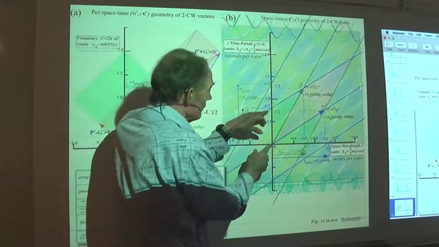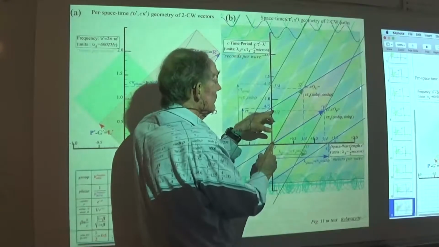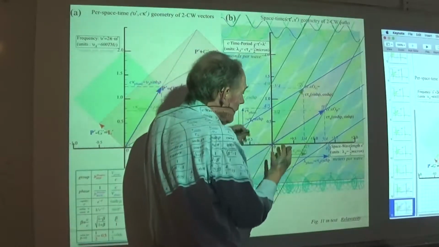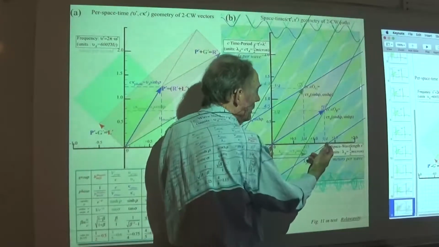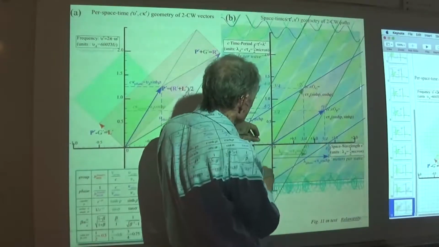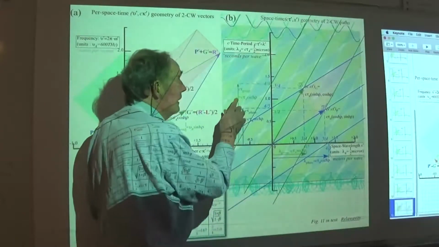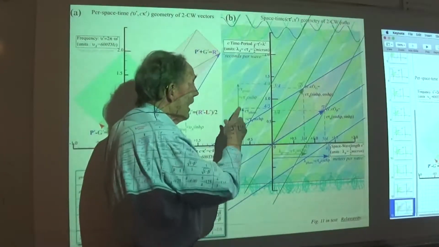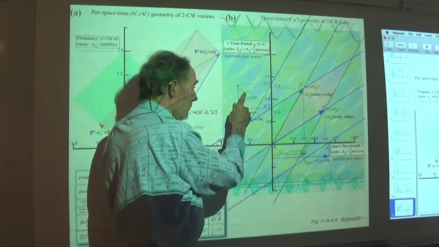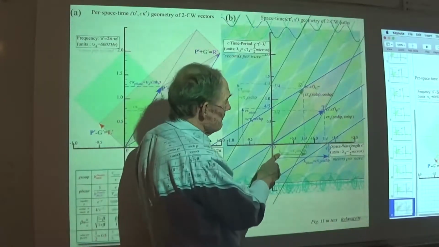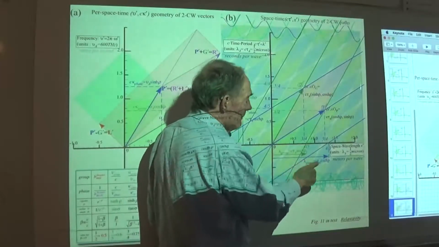So this guy right here comes in at 0.8, that's 4/5. We've got to talk about that one. We've got to talk about this one, okay? They all have names that are really important. Let's just go through what they are. The period of the group, the period of the phase, the lambda of the group, the lambda of the phase.